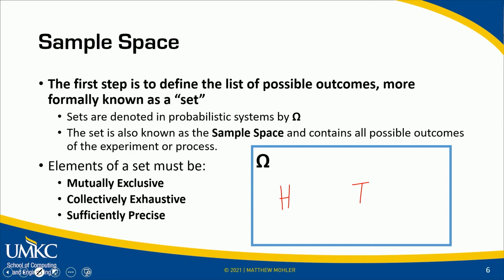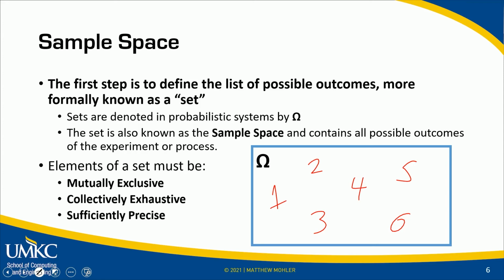Another option, as we mentioned earlier, might be that rolling of a die, in which case you have a 1, a 2, a 3, 4, 5, and 6. All of those are different points within our sample space, and when we look at these, they are, for a die roll, mutually exclusive and collectively exhaustive.